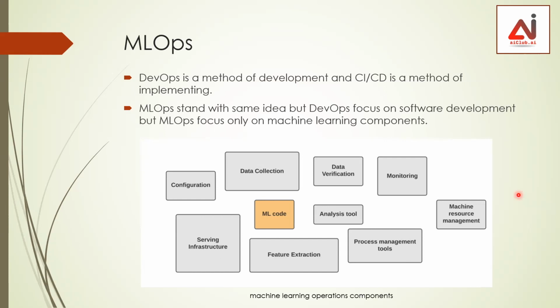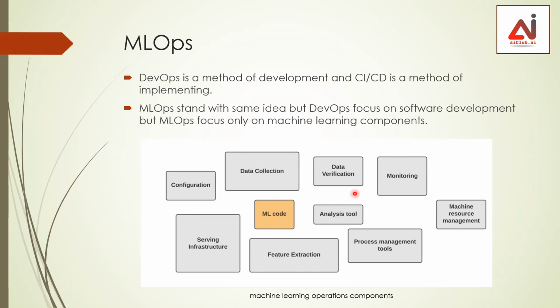So you can see that data collection is a larger box, and after that service infrastructure also is a large box. That's where you need more time, and then feature extraction. ML code is the smallest of that particular percentage of effort.